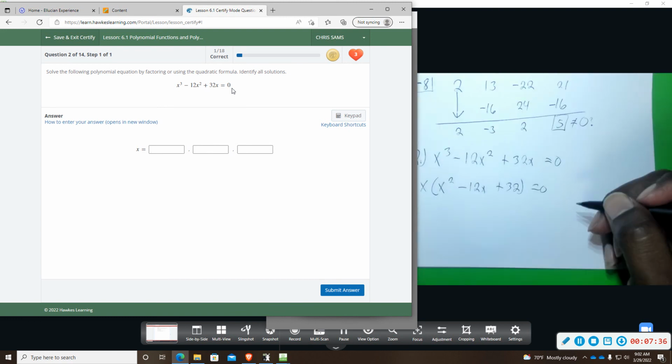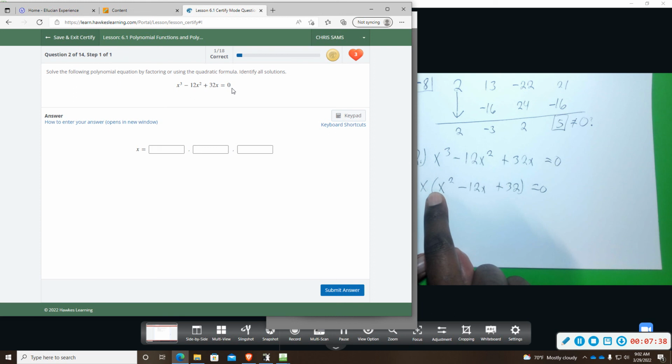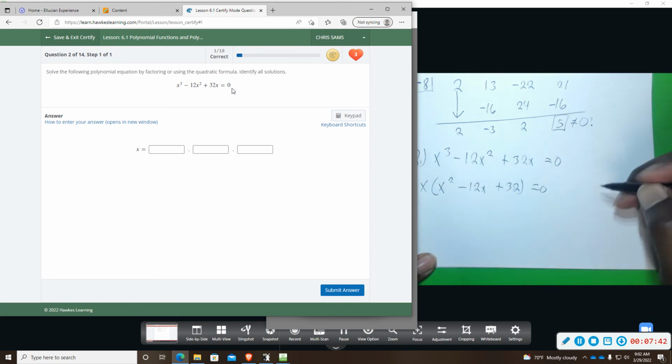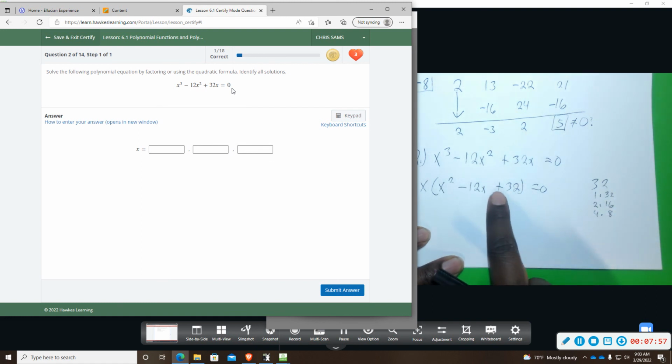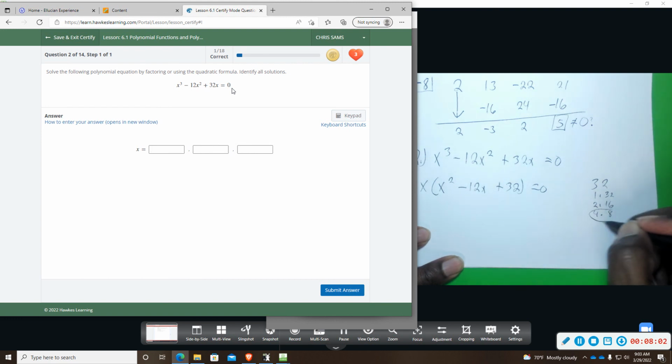And then I want to see if this will factor. So the leading coefficient right here is a 1, times 32. And I'm going to write the factors of 32, which are 1 and 32, 2 and 16, 4 and 8. And I think that's what I'm looking for, because I'm looking for the factors of 32 that add to give me 12. And 4 plus 8 will give me 12.